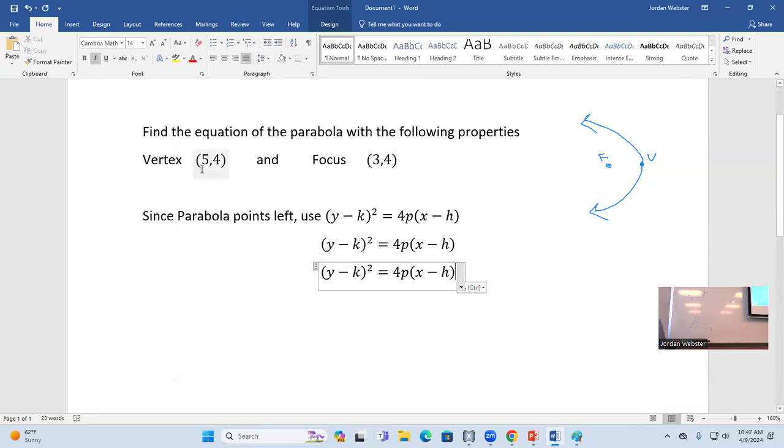Since the vertex is (5, 4), I know the h is going to be 5 and the k is going to be 4.